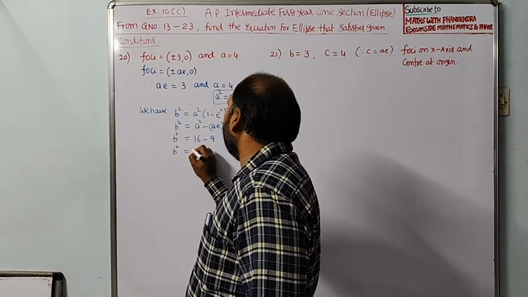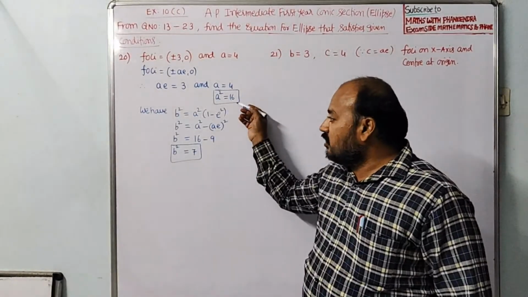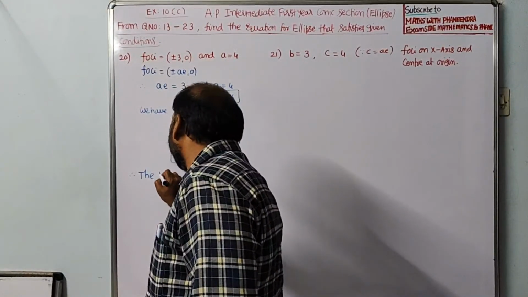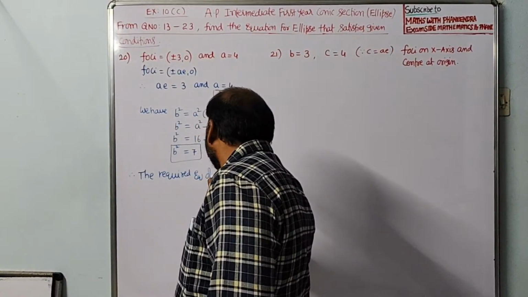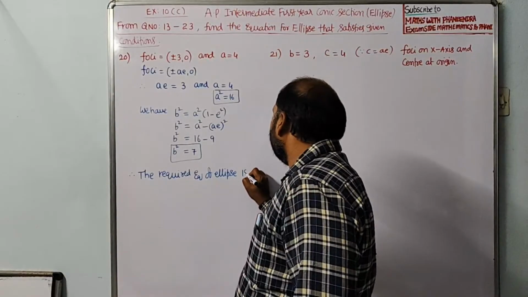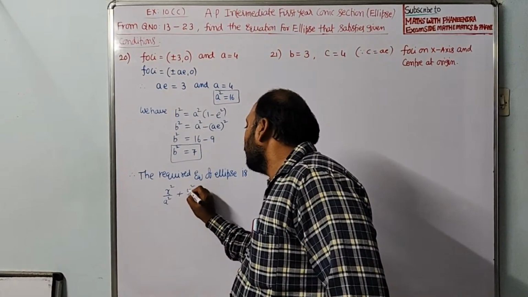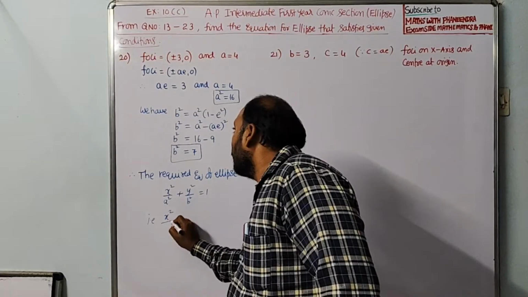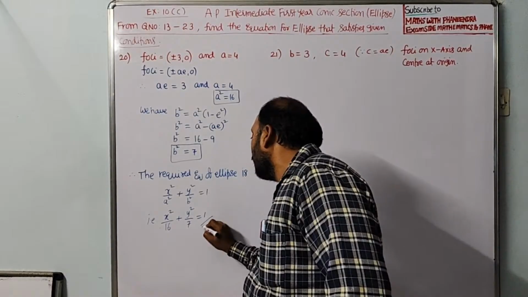So B square equal to 7. A square value 16, B square value 7. Therefore, the required equation of ellipse is x square by A square plus y square by B square equal to 1, that is x square by 16 plus y square by 7 equal to 1.